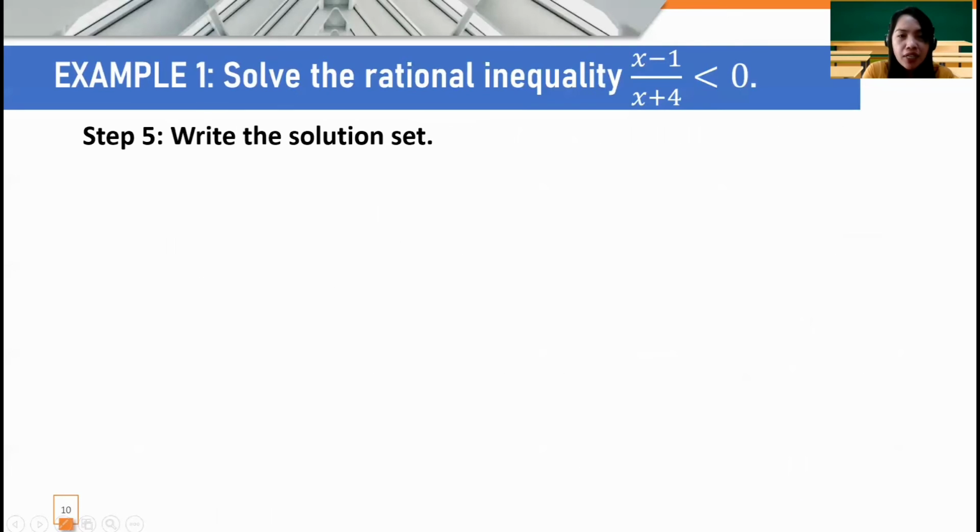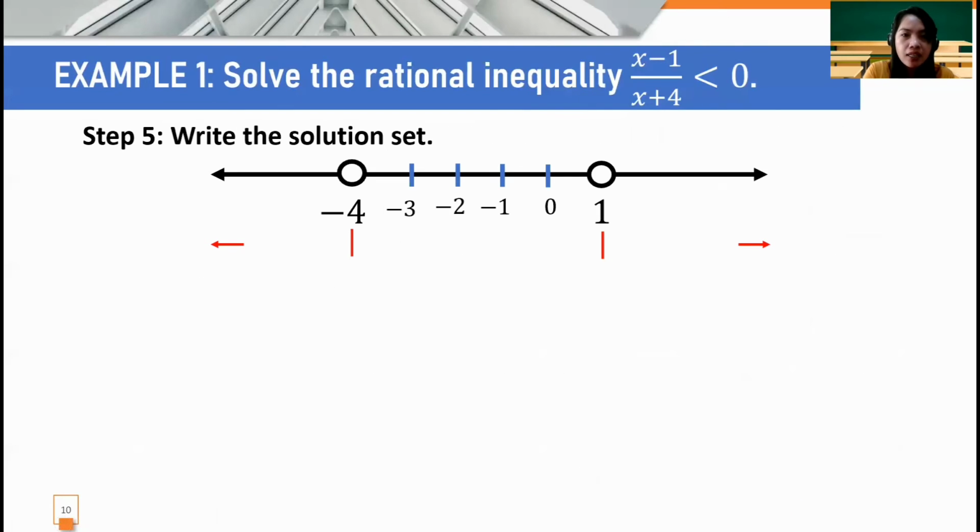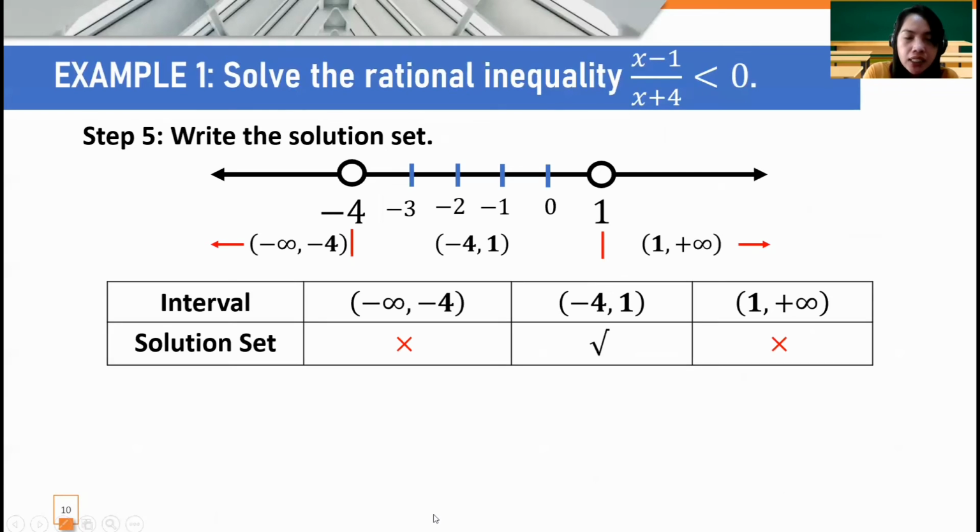So, kung i-graph na natin siya as to writing the solution set, we have to take note the interval, and yung magiging solution set niya lang ay ang interval na negative 4, 1, or mga numbers in between negative 4 and 1.